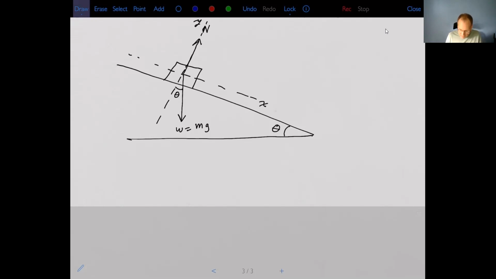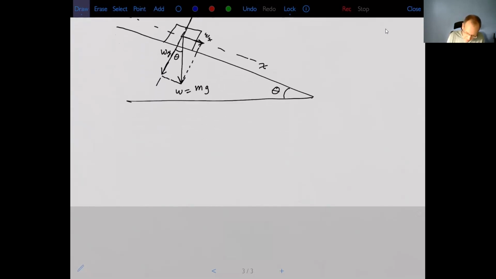Well, first of all, if you project the weight onto the x-axis, it'll be something like this. So it's this value right here. I'll call this Wx. And if I project it onto the y-axis, this is going to be the y component of the weight. So if you want, you can extract out that triangle.